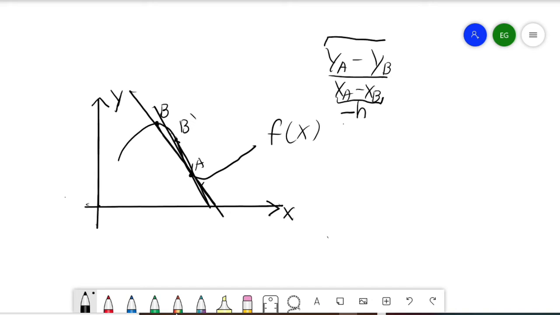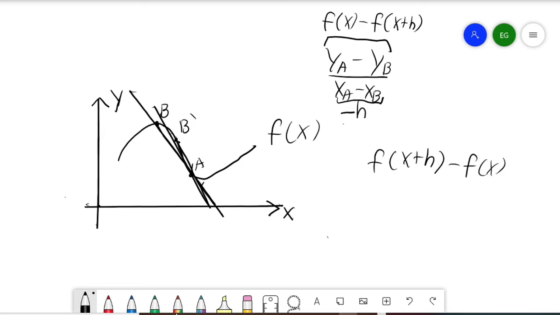And on the top here, what we will have is f of x of a, which we'll call x, minus f of x of b, which we know is x plus h. So we'll move the negative to the top here and arrange things to get f of x plus h minus f of x all over h.